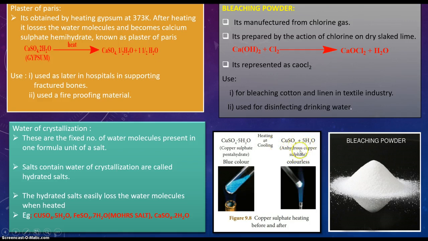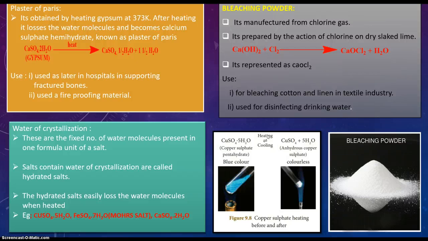This is called anhydrous copper sulfate. Anhydrous means without water. So this CuSO4 doesn't contain any water molecules. This anhydrous copper sulfate has no color, while copper sulfate 5 water has a blue color. So whenever we heat copper sulfate 5 water, the color change that we observe is from blue to colorless.